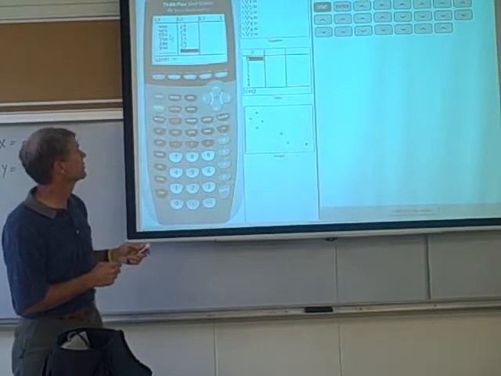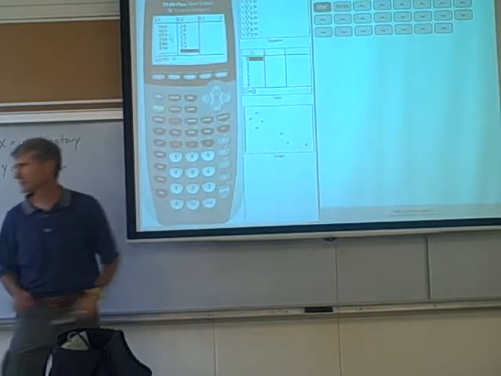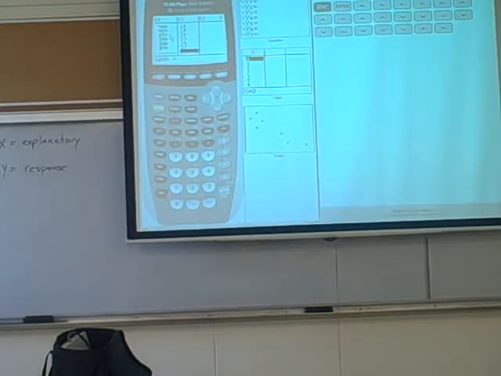So what we're going to do, once you get the data entered, push the stat button. Then go over to tests. What the book tells you to do is to go over to calc and then go one of those. Don't do that. Go over to tests. Okay, everybody there? Now, you're going to scroll almost all the way to the bottom of this list, although the list is so long, if you scroll up, it comes around the bottom.